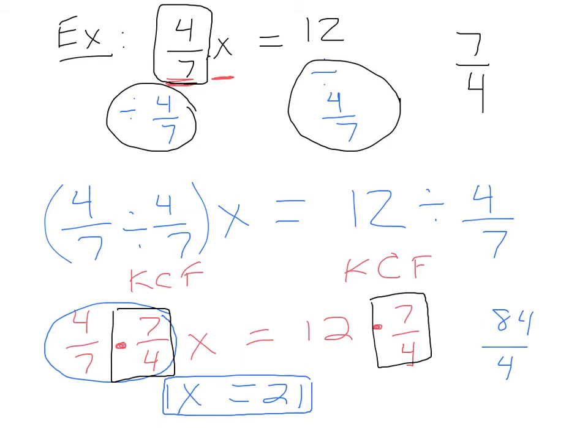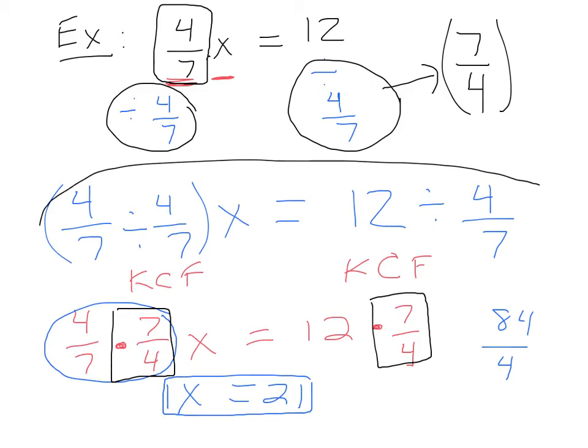Instead of dividing by 4/7, if you multiply by 7/4, it's the same exact thing. So you can save yourself this step right here. You don't even need it, as long as you can identify that dividing by 4/7 is the same as multiplying by 7/4. So if we were to multiply by 7/4 on both sides, we'd come up with the same answer.